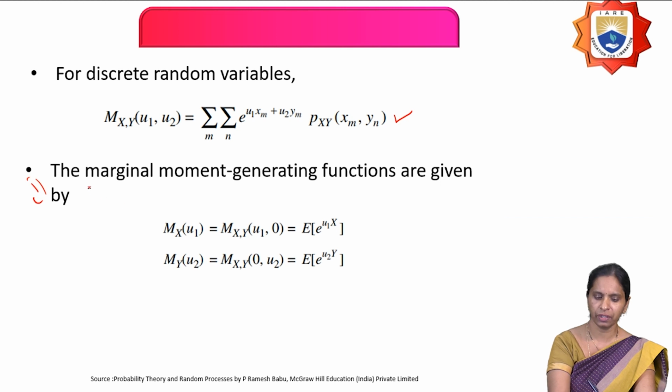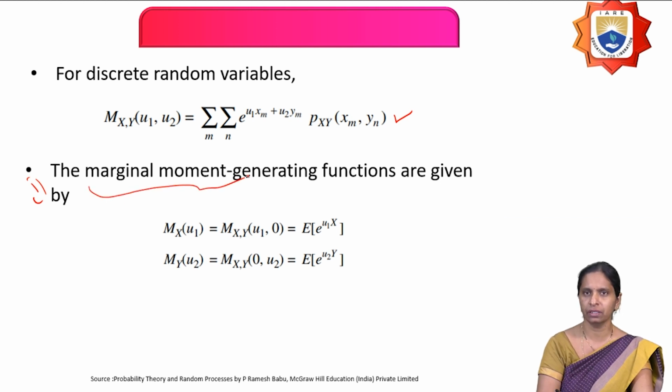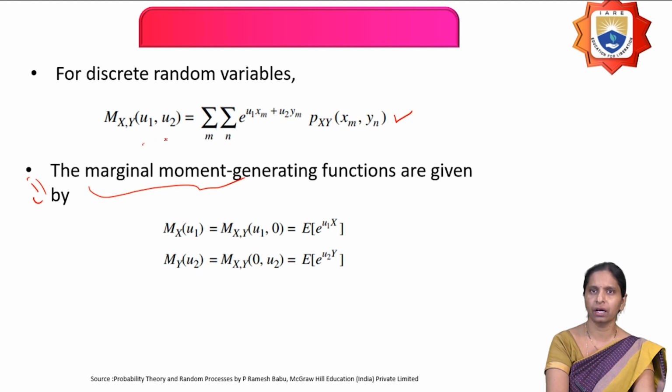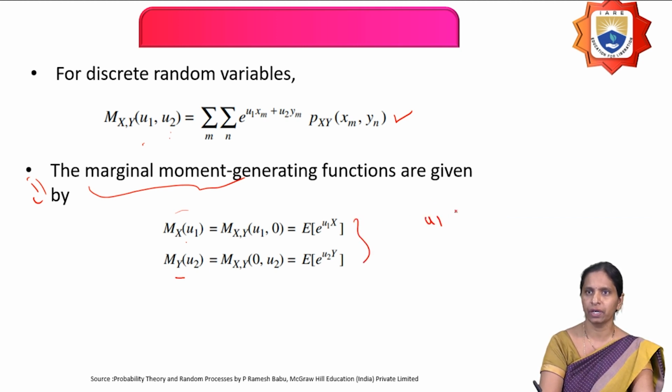So, how can you obtain the marginal moment generating function? By keeping one of the variables, either u1 or u2, equal to 0 in the joint moment generating function. If you keep u2 equals 0, you are going to get the marginal moment generating function of the random variable x. If you keep u1 equals 0, you are going to obtain the marginal moment generating function of the random variable y.